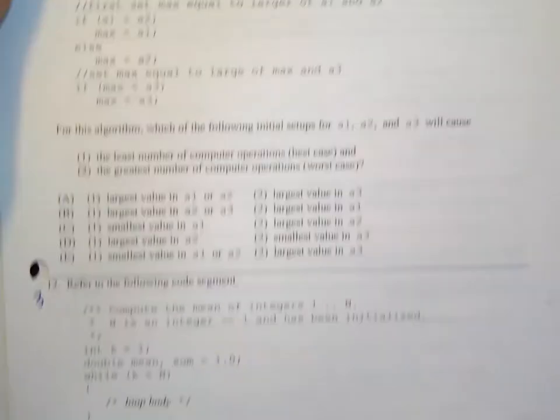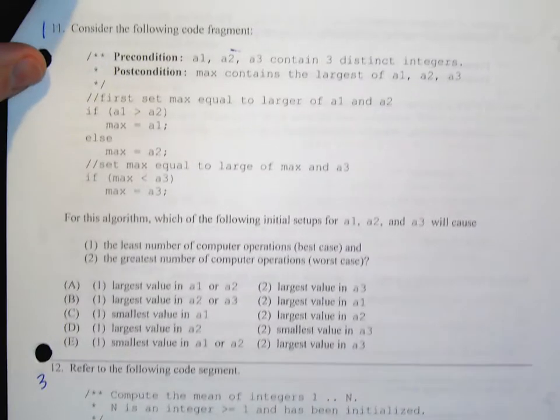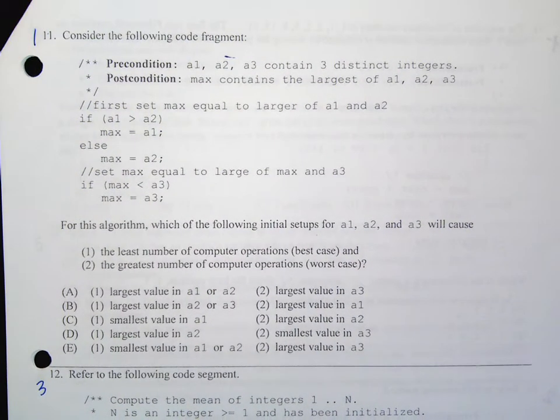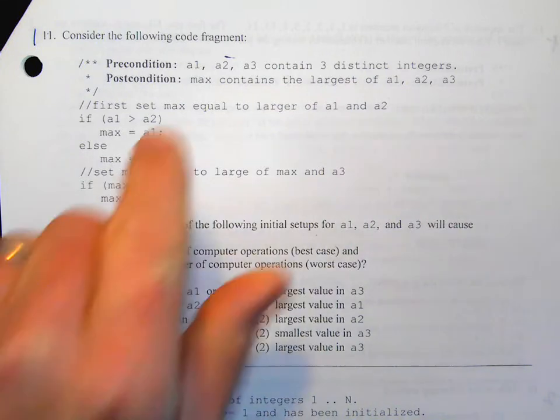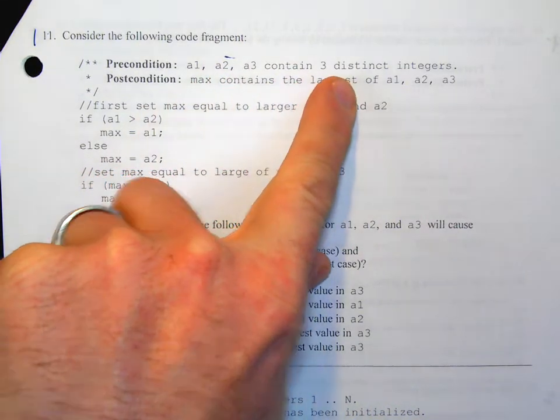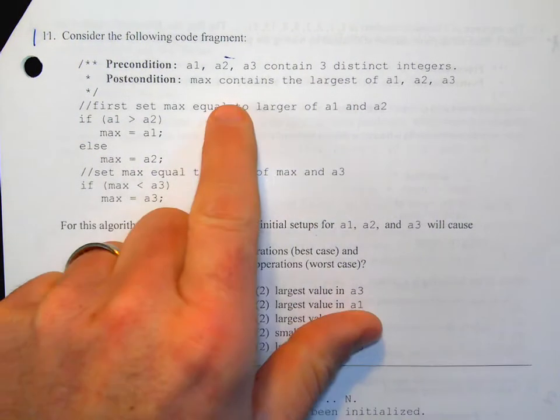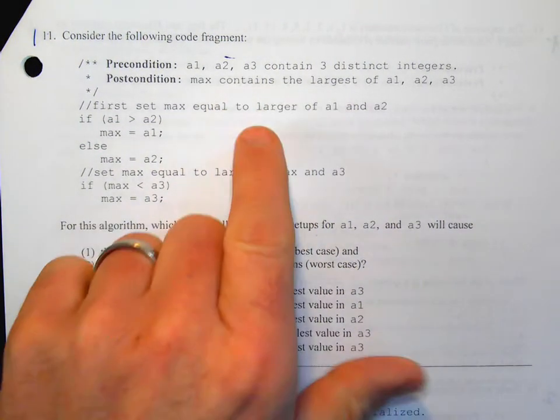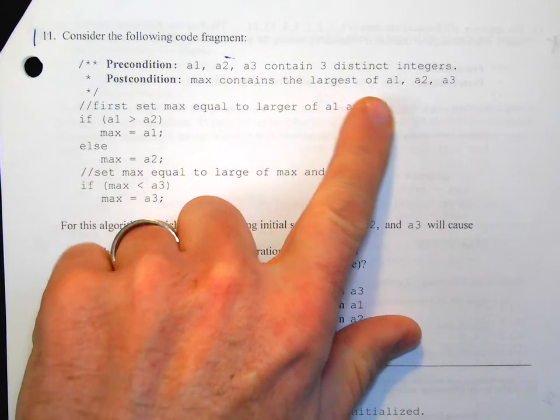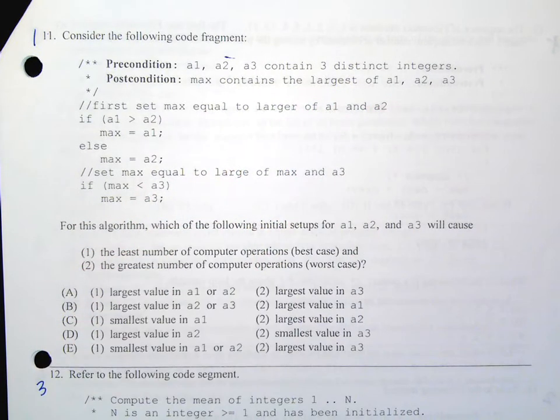Okay, 11. Consider the following code fragments. So we have the precondition: a1, a2, a3 are distinct integers, meaning they're all different integers for sure. The postcondition describes what's going to happen: that max will contain the largest of those numbers.